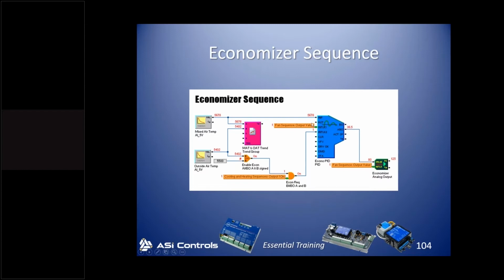And so when the fan is on, the analog output will drive based on the PID calculation. When the fan turns off, we're going to program the analog output to ignore the PID value and just go to the closed position.